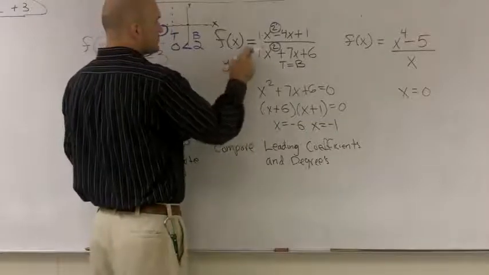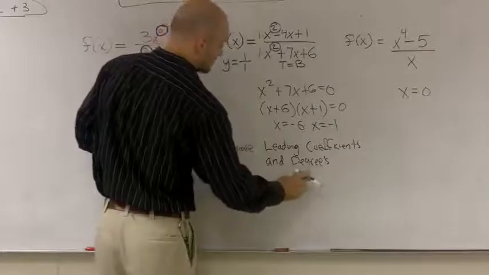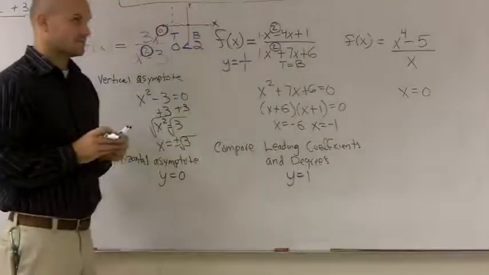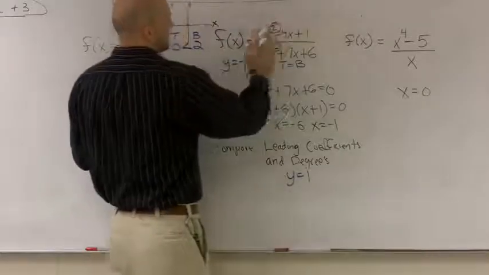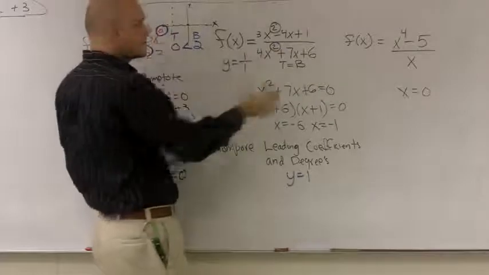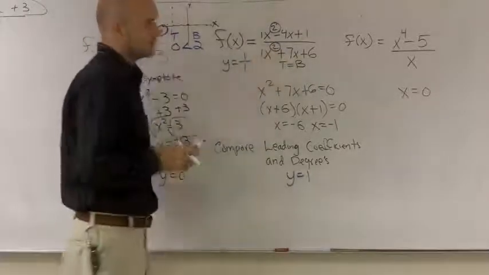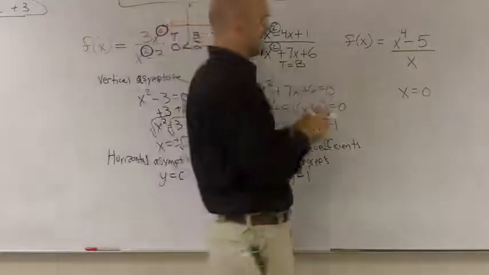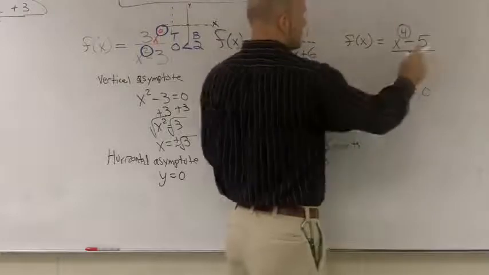So we say y equals 1 over 1, which is 1 in this case. Does that make sense? If this was a 3/4, then it'd be 3/4. So just always divide the coefficients.